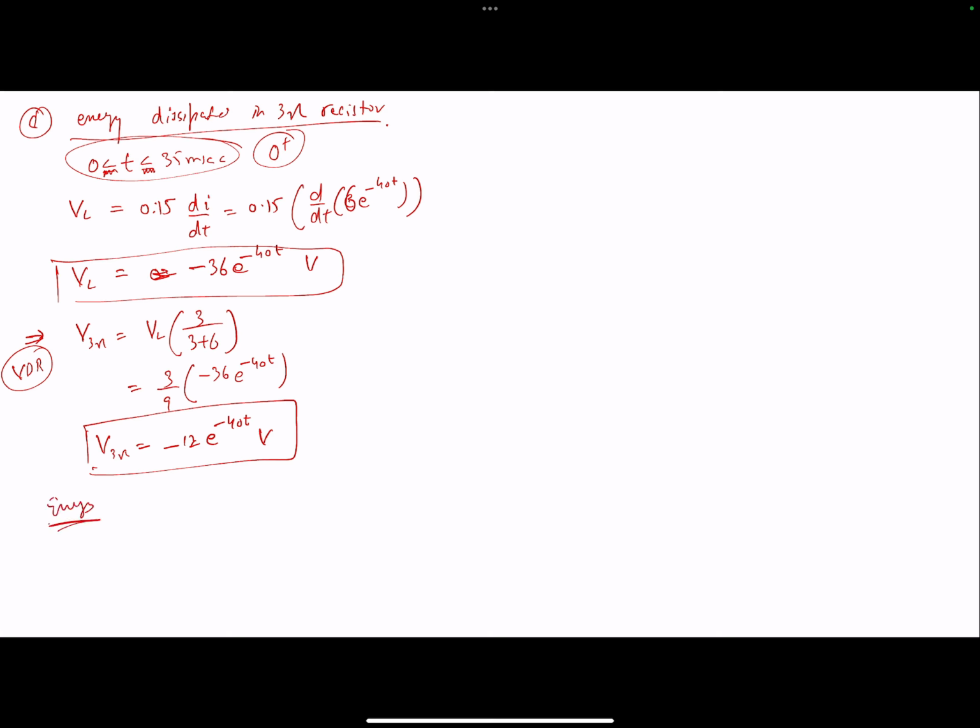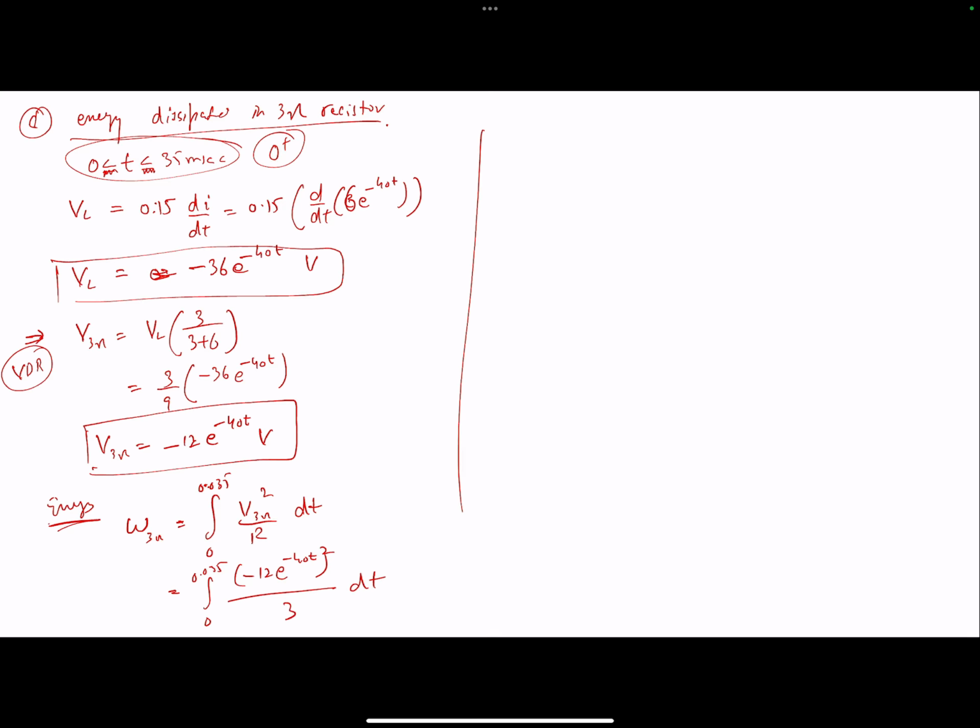For energy, over 0 to 0.035 in the first switching event, power is V squared divided by R times dt. So I can write the integral from 0 to 0.035 of minus 12 e raised to power minus 40t, squared, divided by 3, times dt.